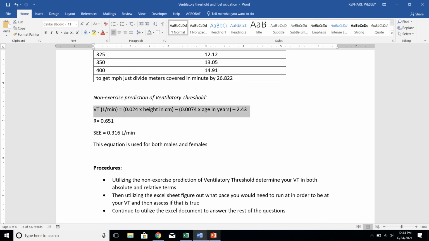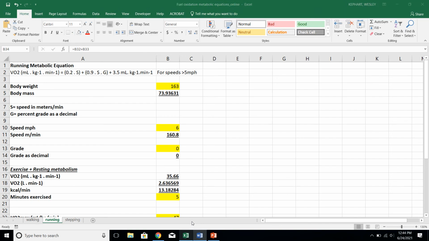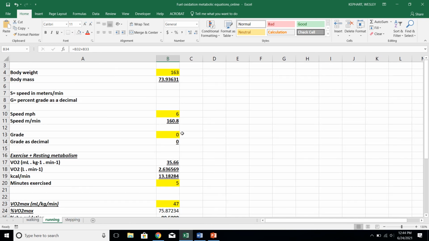Then you're going to have to go to here and plug in different things, and make sure you're on the running tab, not the walking or the stepping. I'm just giving those to you so that you have them. Then you're going to have to plug in your weight and different speeds, and figure out different things right here to try to get you near that value, and then it can be converted to the relative VO2.